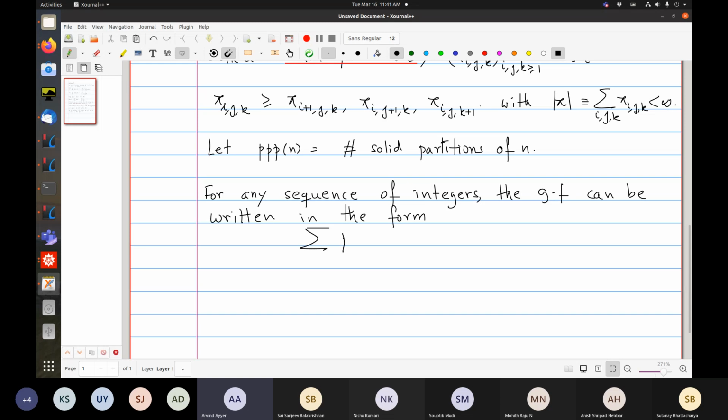Let me write it specifically for this, but this can be done for any sequence of integers. The sum of q_n, sorry, this should be 0. This is equal to the product over k greater than or equal to 1 of 1 over 1 minus q to the k, raised to the b_k, for some sequence b_k.